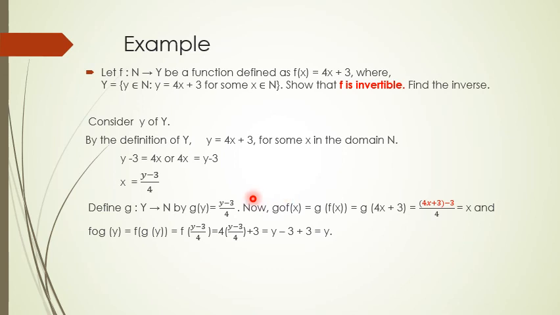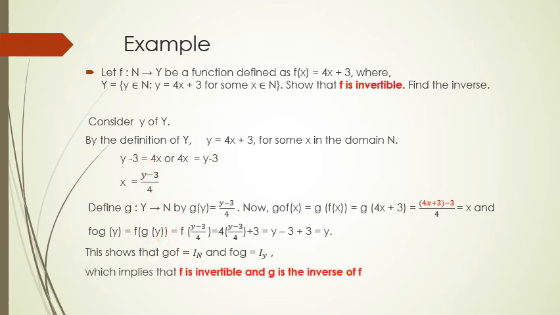That is, we got a function g from Y to N such that g of f and f of g are identity functions. Hence, we can prove that f is invertible. The inverse of f is (y minus 3) by 4.